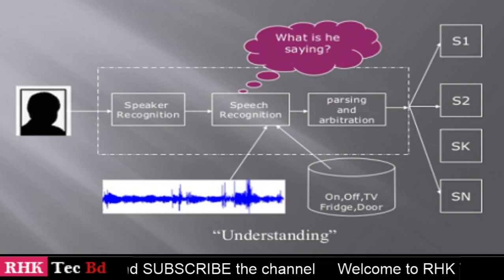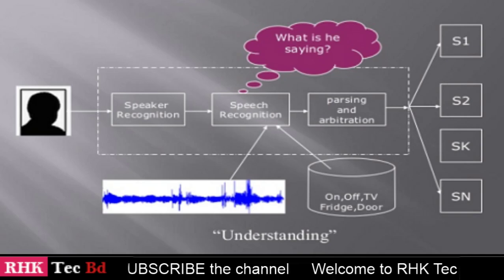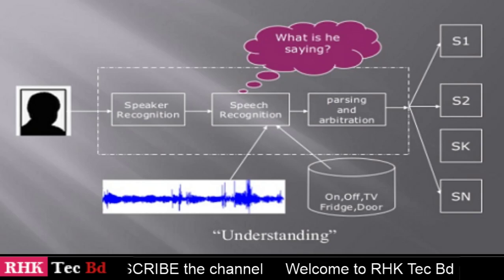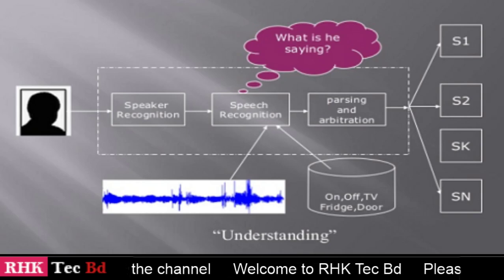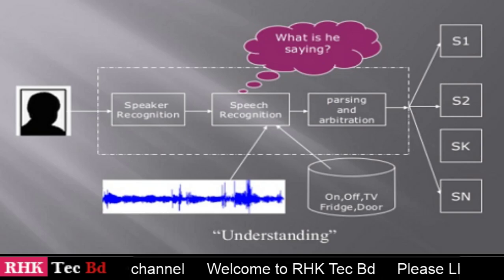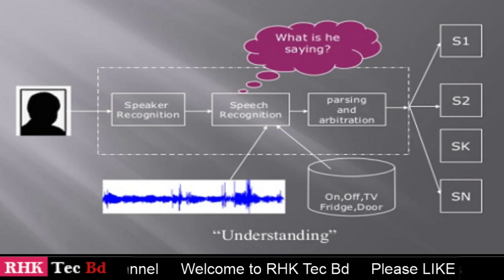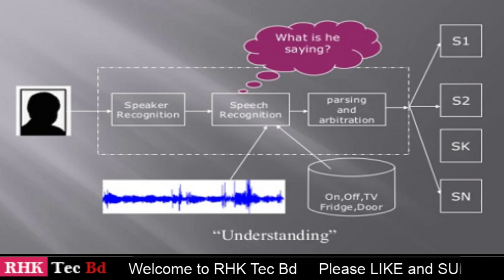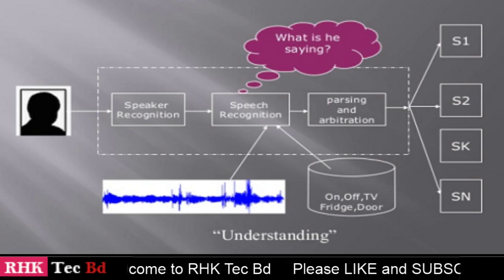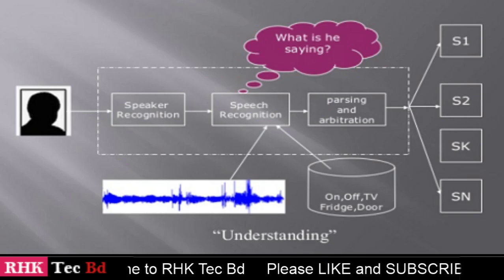Channel is related to television. Also, on and off is related to a fridge or a door. So the computer must be able to interpret all these options immediately.